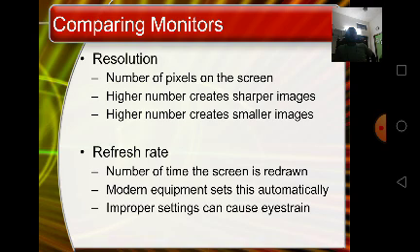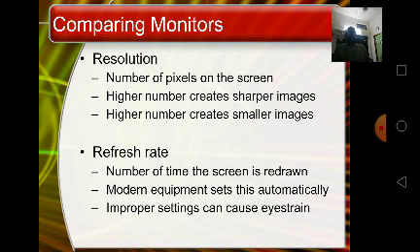Expressed as a matrix, the more pixels a monitor can display, the higher its resolution and the clearer its image appears. For example, a resolution of 640 by 480 means that there are 640 pixels horizontally across the screen and 480 pixels vertically down the screen.